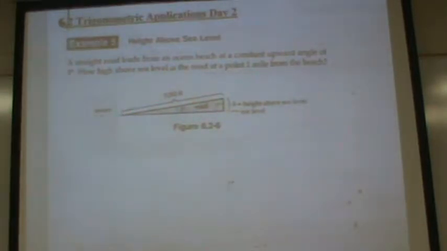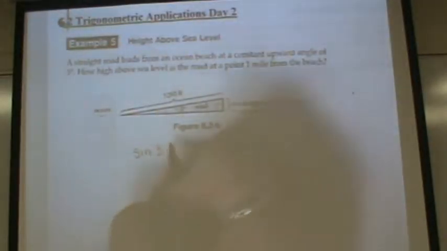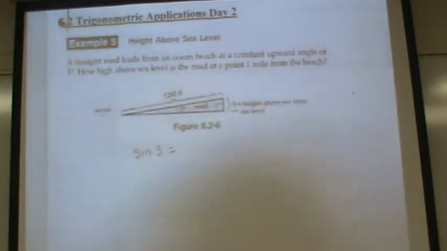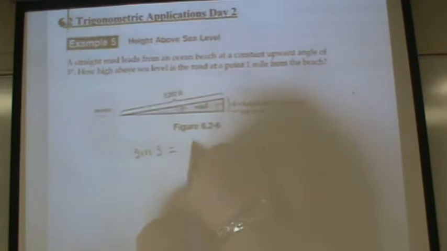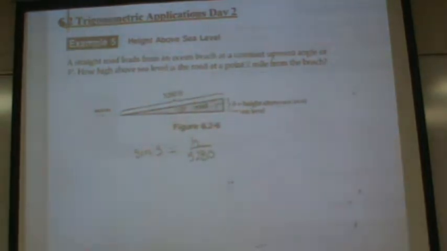So what trig ratio could we use to find that H? Sine. So we're going to do sine of that 3 degrees. What is the sine of 3 degrees equal to? H over 5,280. So this should look exactly like what we did yesterday.